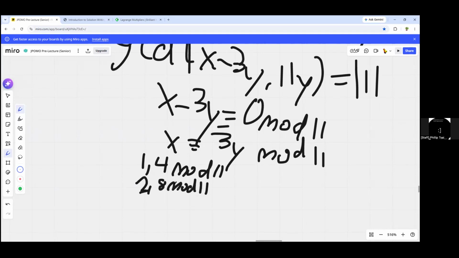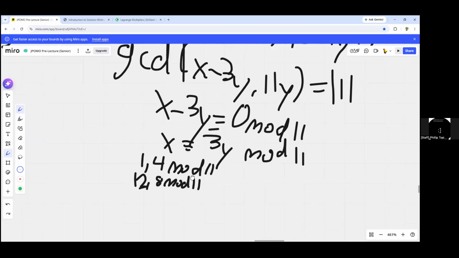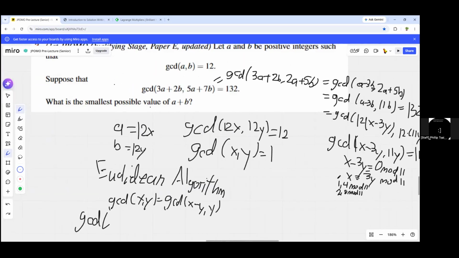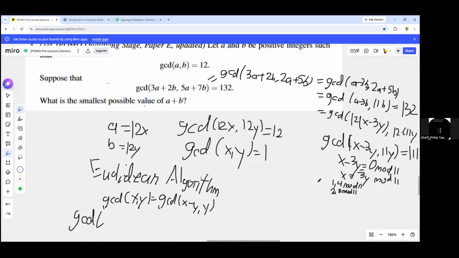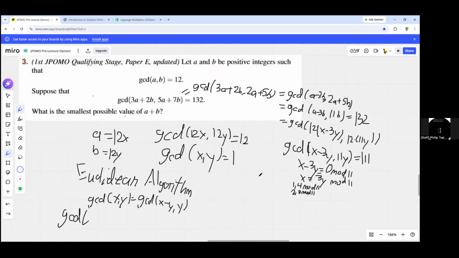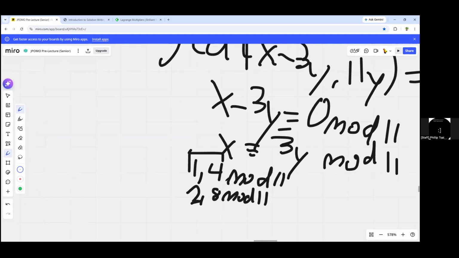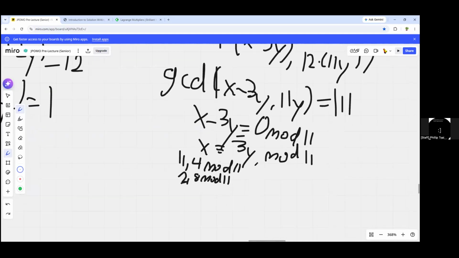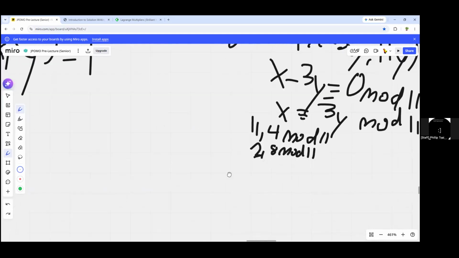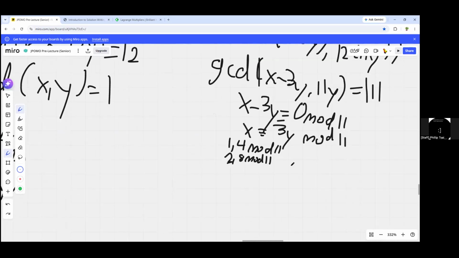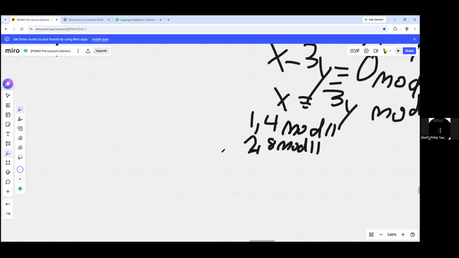But even with a small value, a possible pair, comma 8, we still get a possible value of a plus b greater than 1 plus 4, which is 5. So it will still yield the smallest possible value. But we also have to test other cases.